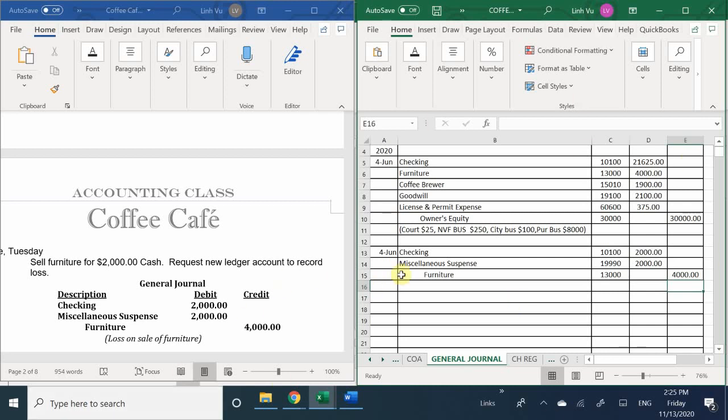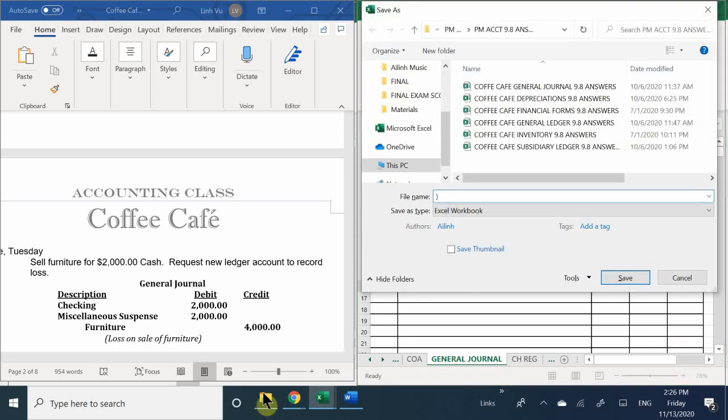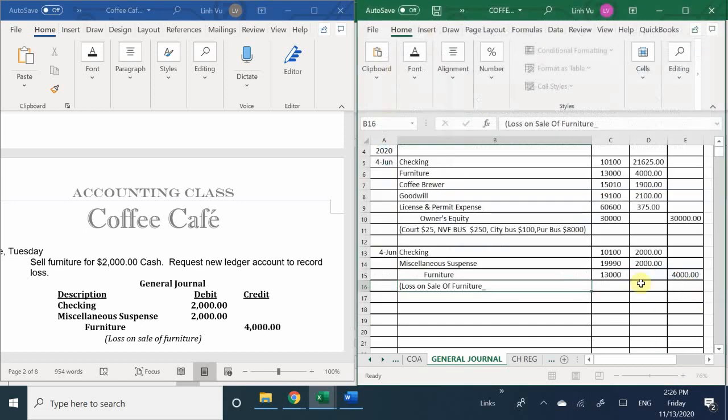And then I'm going to add my last thing, which is part of my description: loss on sale of furniture. Oh, whoops, hit the wrong one. Loss on sale of furniture, right?